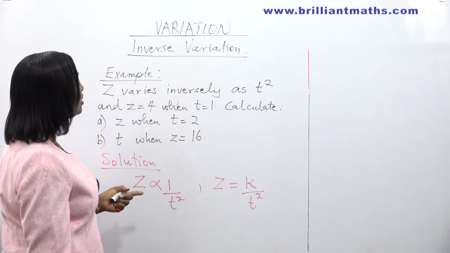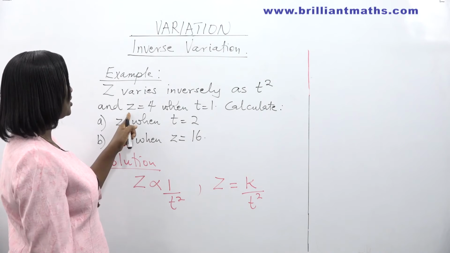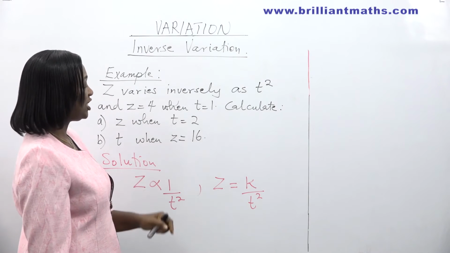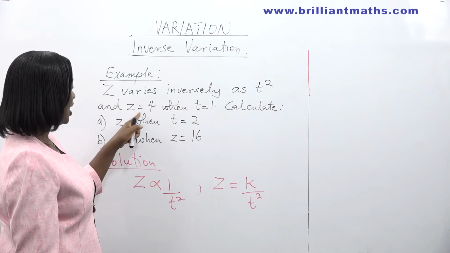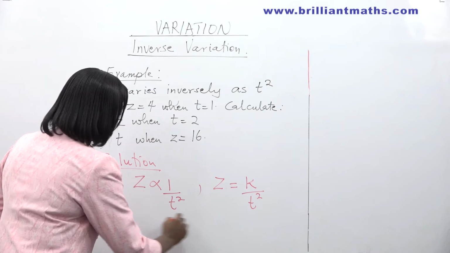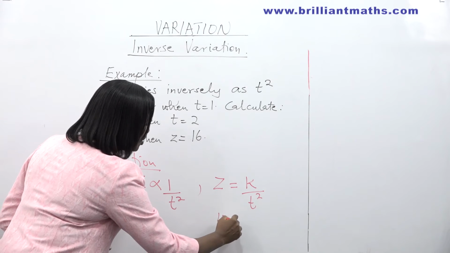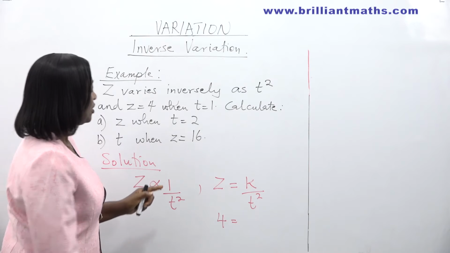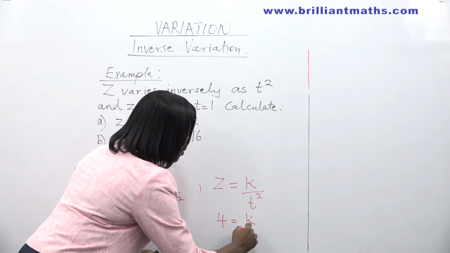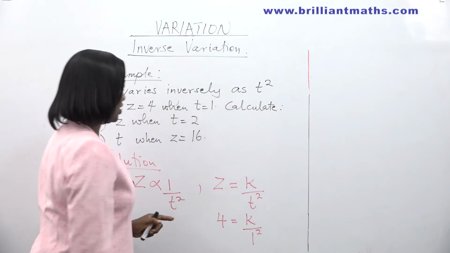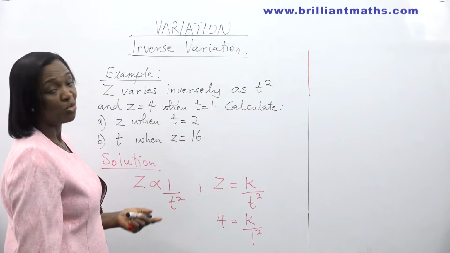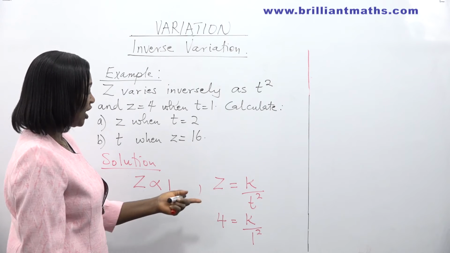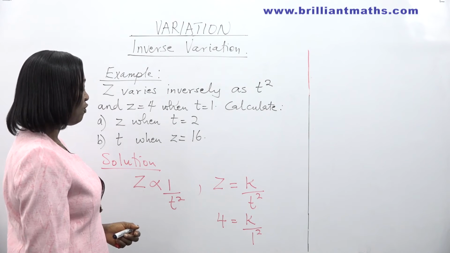And we have been given two values, one value for z and a value for t, so we can find the value of k. So z is 4. Say 4 is equal to k over 1 squared. And 1 squared is equal to 1. So k is actually equal to 4.